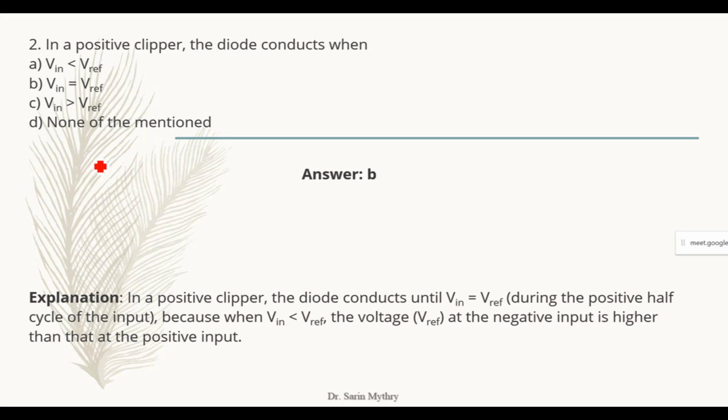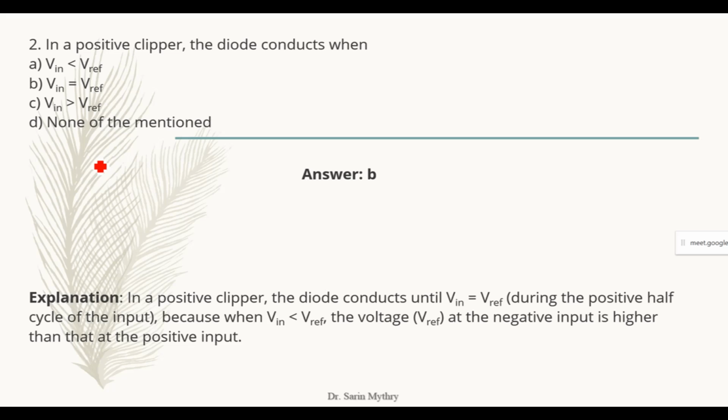In the positive clipper circuit, the diode conducts whenever the input voltage supplied to the circuit is equal to some reference voltage. We have studied in the class what is meant by reference voltage, which is a fixed value of voltage. So at least the input voltage has to be equal to some reference voltage, then only your circuit is going to become active.